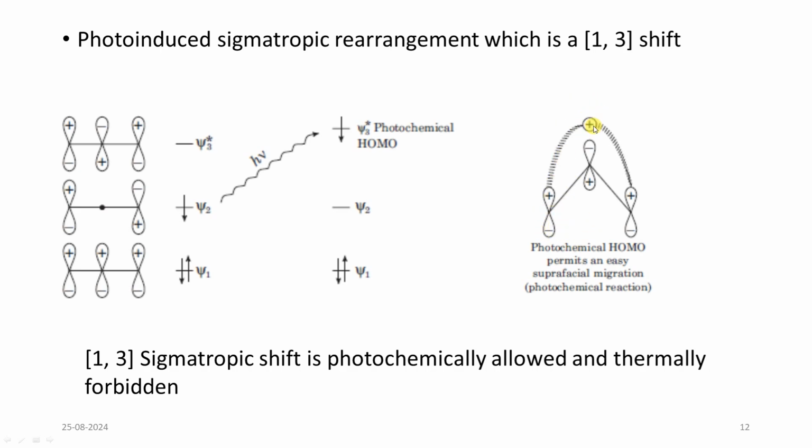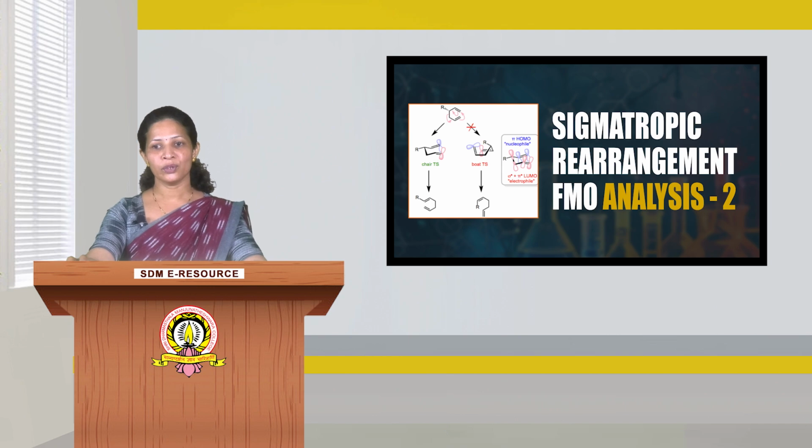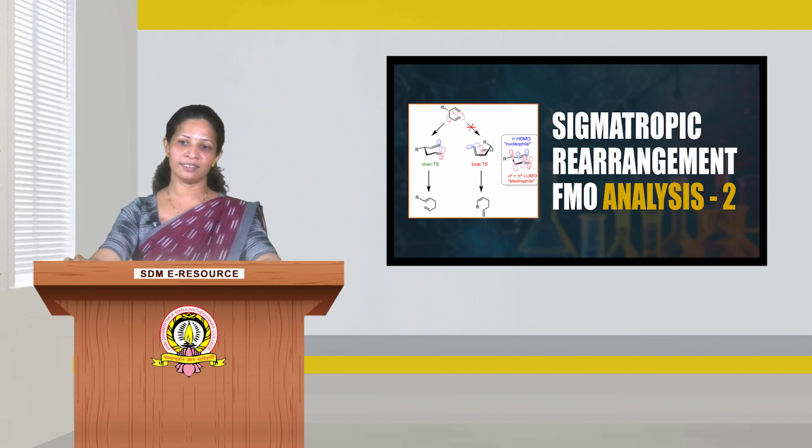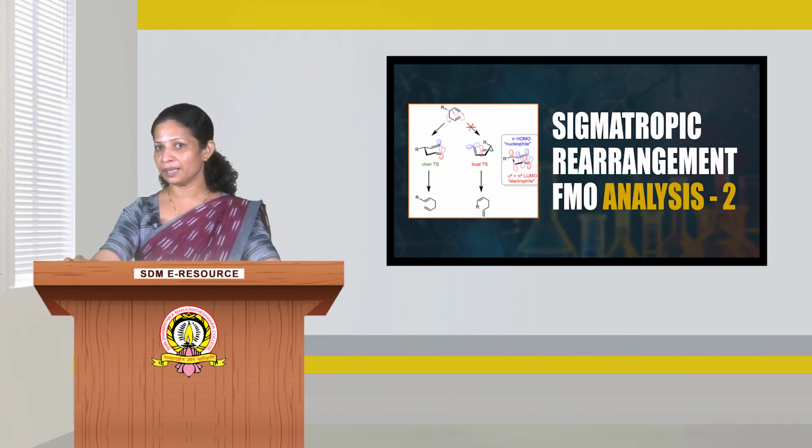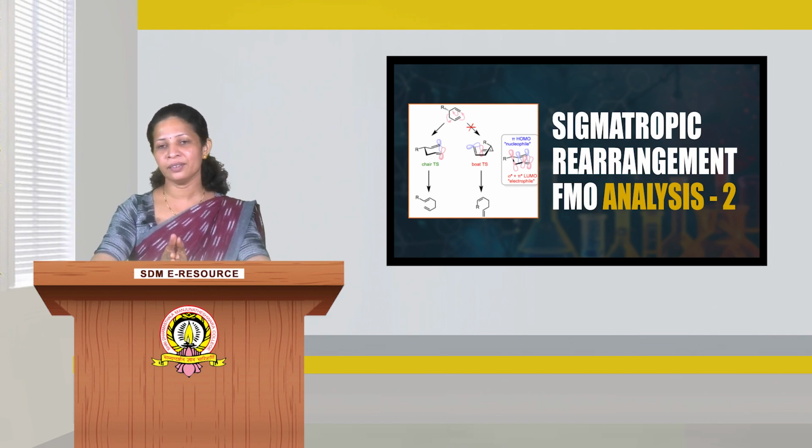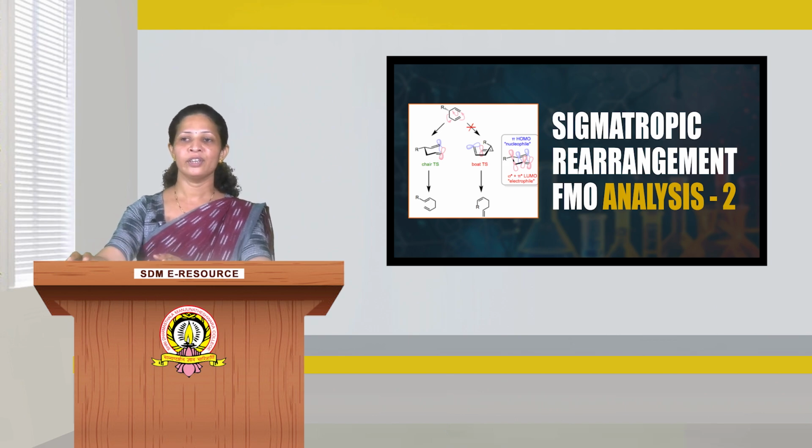See the formation: plus plus is a bonding interaction, and here this is also a bonding interaction. Therefore this is feasible, because the symmetry is allowed, and it is geometrically feasible, as the distance between the s orbital and the p orbital is less. So the photo-induced 1,3 hydrogen shift takes place, and it is thermally forbidden. We can conclude that the 1,3 hydrogen shift is a photochemical reaction and is thermally forbidden.